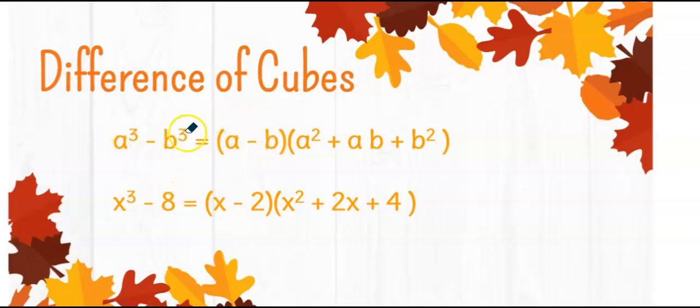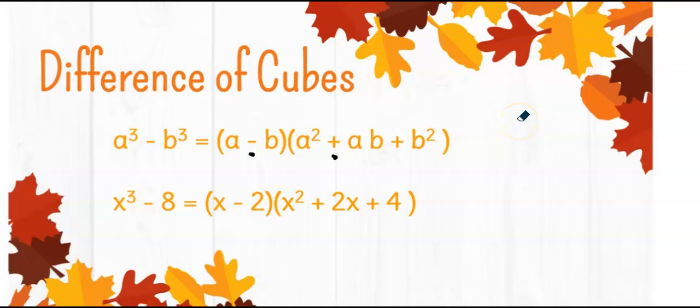So if it's a cubed minus b cubed, it's a minus b. So now notice we have minus, so that's going to make that sign in the trinomial plus, because they are always opposites. The last term still being plus, being positive, and squaring the b, we have our opposite product.